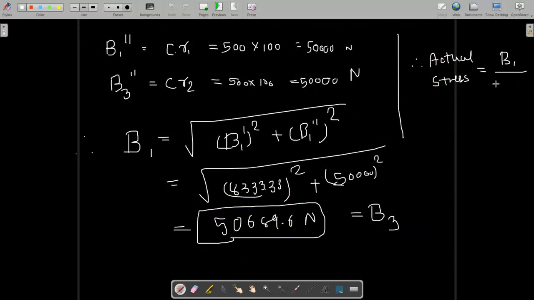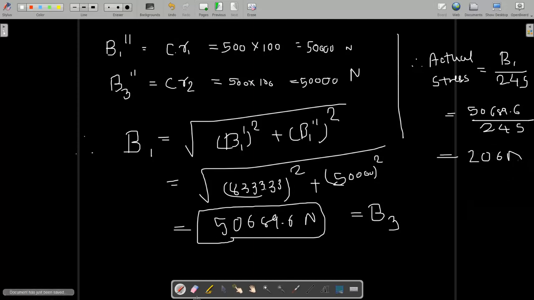Area is 245. So this is 50689.6 divided by 245. Why am I taking units in mm? Because the ultimate strength is given in megapascal. When you solve this, you will find 206 megapascal.